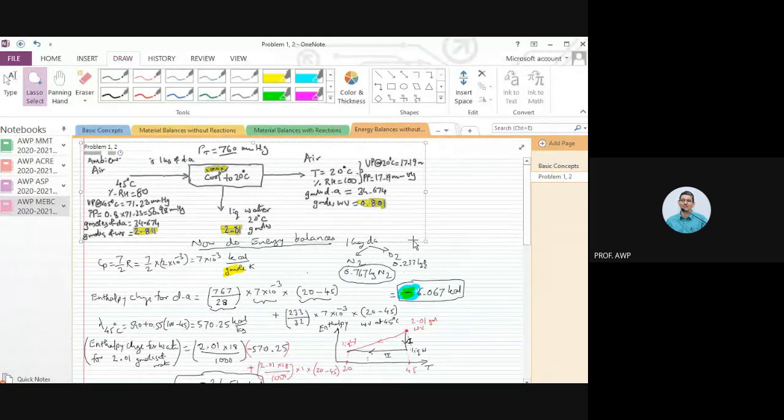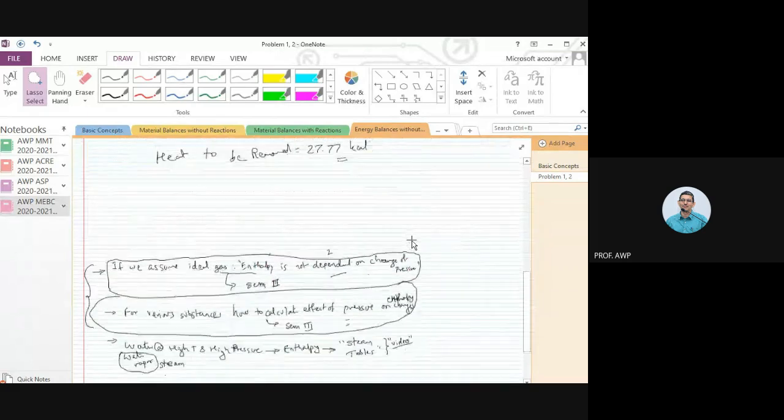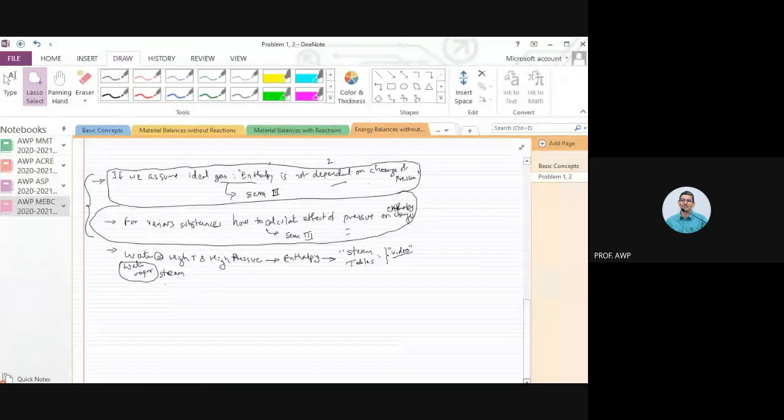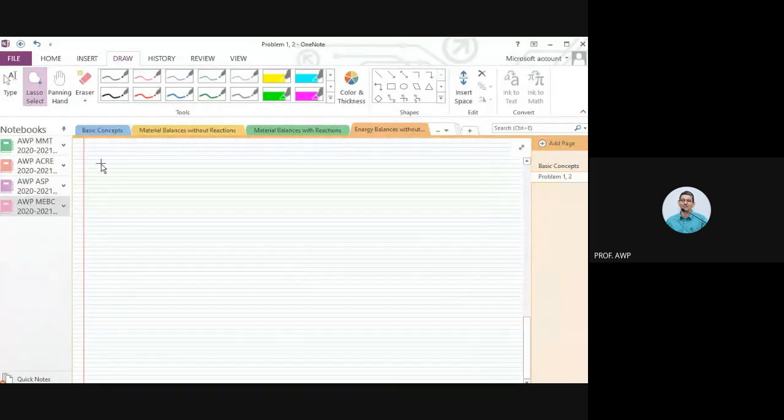Just copy this. Let me just. Oops, one second. I think that OneNote just crashed. Just give me a minute.